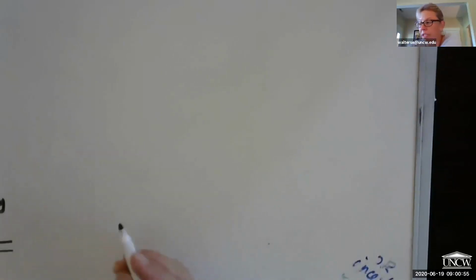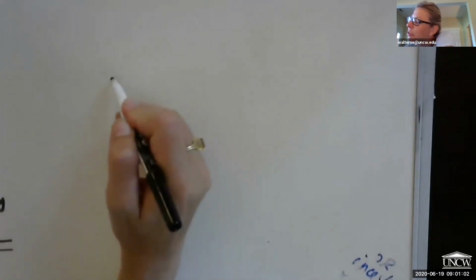If your substrate for your E2 elimination is a ring, then you at least have to be able to see the alignment.